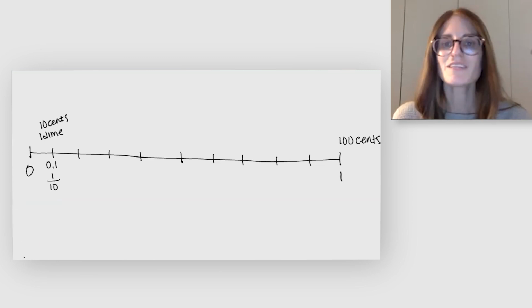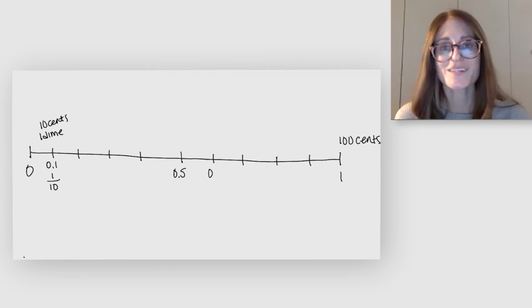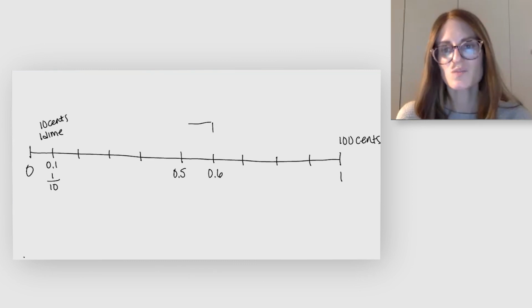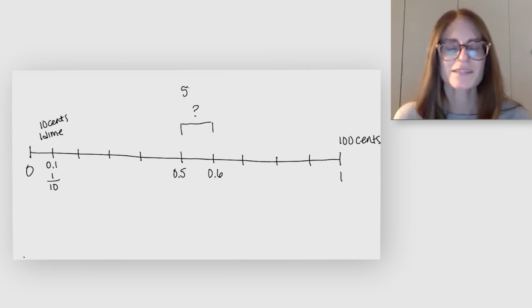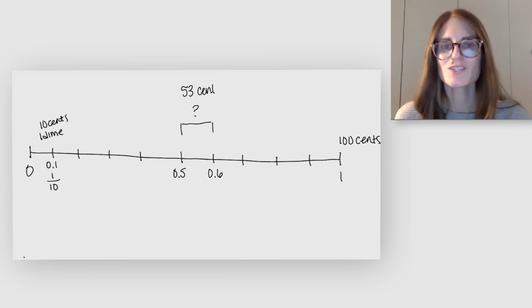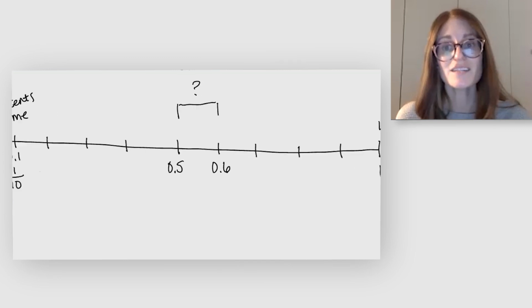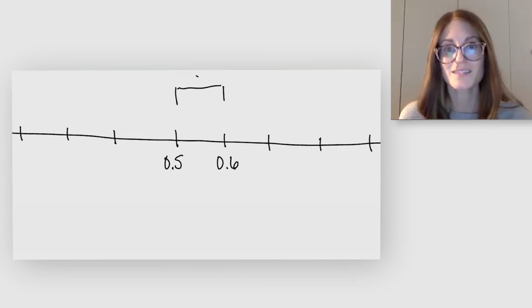If I have 53 cents, I know that's more than 50 cents or 5/10 and less than 60 cents or 6/10. 53 cents would be closer to 50 cents than 60 cents, but to make sense of exactly what this means, I need to zoom in and visualize each cent in between 50 and 60 cents.